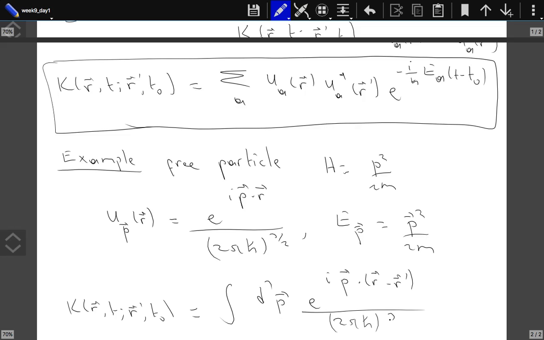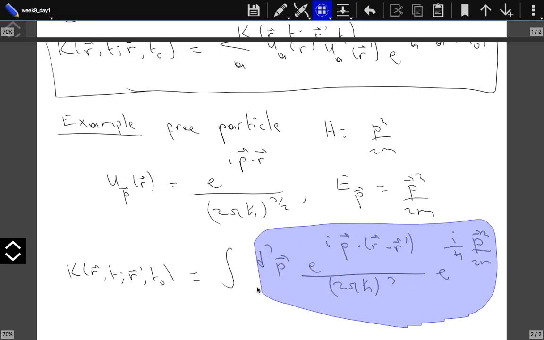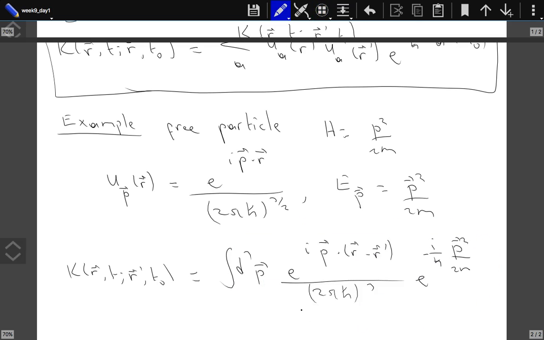This is just U_E of r multiplied by U_E of r prime star. And now we have e to the power minus i over h bar, E is just p squared over 2m, times (t minus t prime).